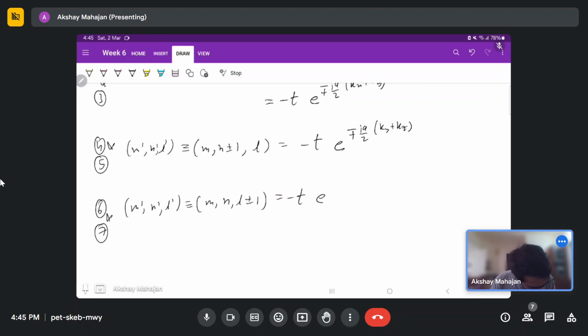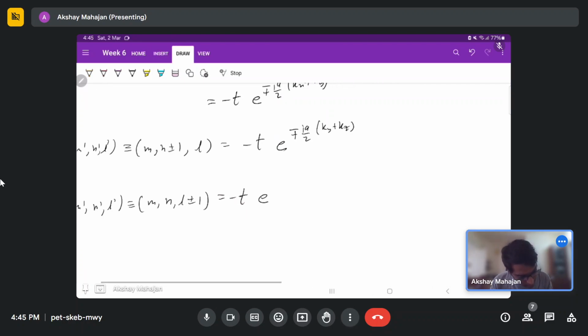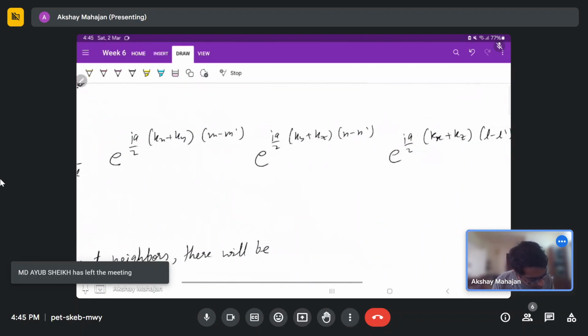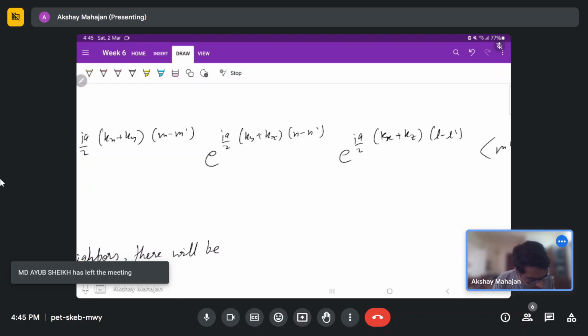So we get minus t e to the power minus plus iota a by 2 kx plus kz. Right, it is kx plus kz, right? Ky plus kz and kx plus kz.